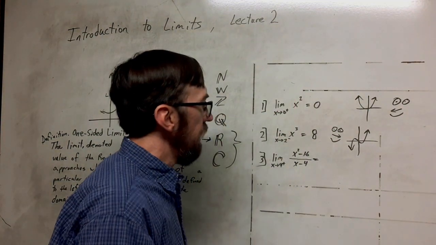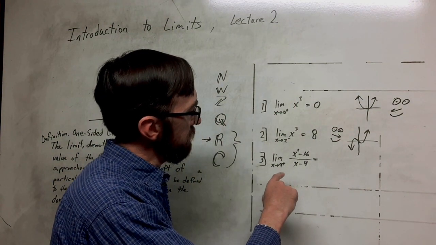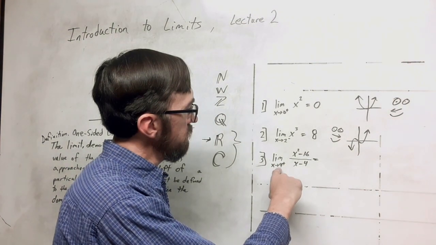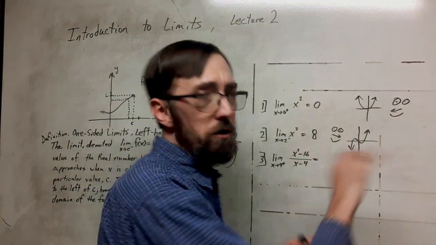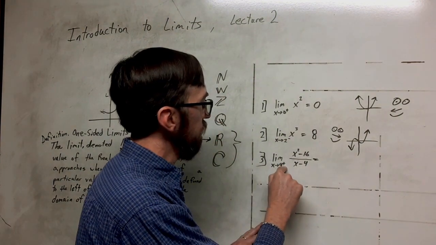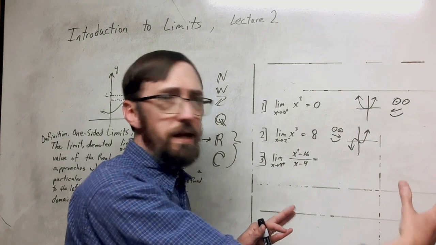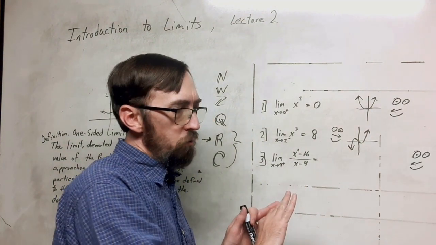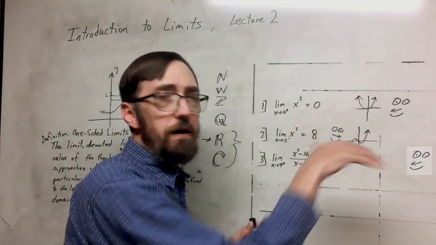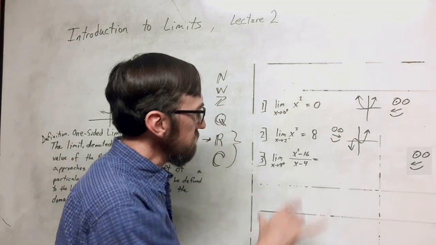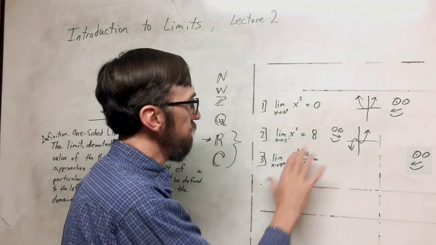So we have a couple of options. You can choose values that are close to 4 but slightly bigger. Why slightly bigger? Because we are approaching from the right, so we're looking at values defined on the right-hand side of this. So right of 4, we need values bigger than 4. We can plug in values bigger than 4 here.